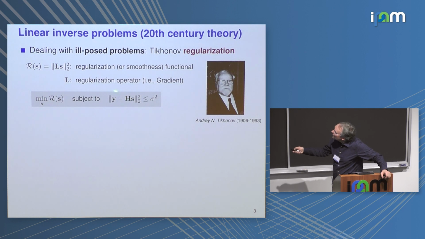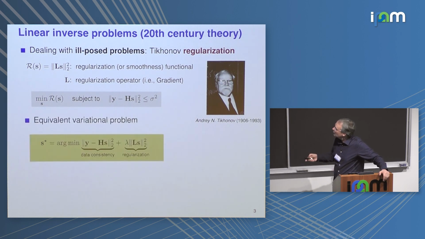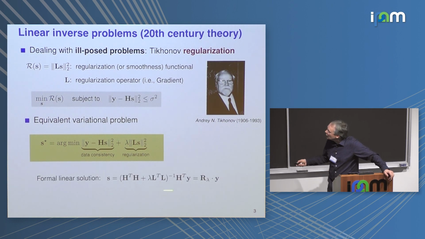You're trying to match your reconstruction to the data up to some uncertainty given by the noise, and you search for the solution that minimizes this measure of goodness. If you write it with Lagrange multipliers, you get it like that. This is the easy way where you have 2 everywhere, so that you can solve it in closed form, and you get it like that.